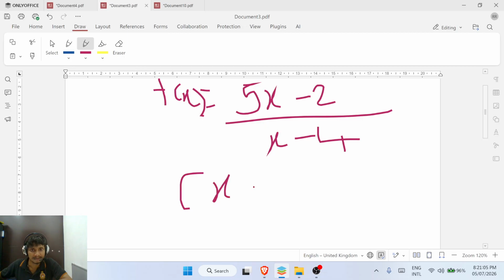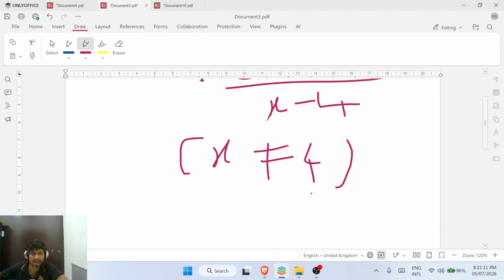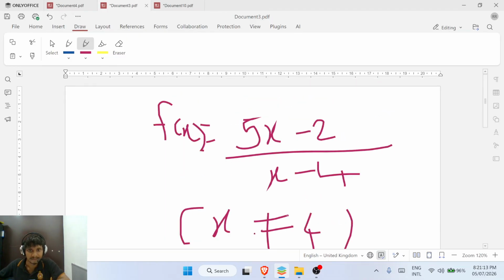Here, please mention that x is not equal to 4. They have already said that the domain part is the real number set without 4. Therefore, x is not equal to 4. Why? If we substitute 4 here, 4 minus 4 is 0 in the denominator. In the numerator, 5 into 4 is 20, 20 minus 2 is 18.